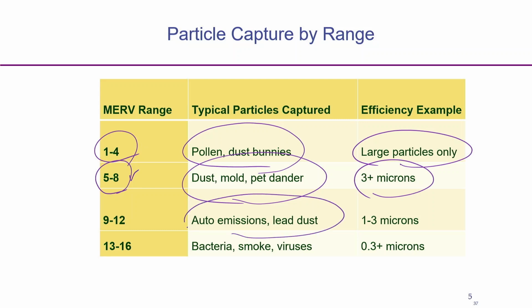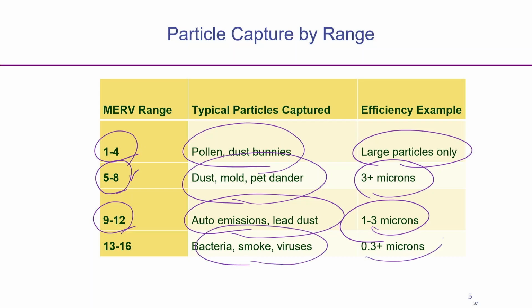For auto emissions and lead dust, or the 1 to 3 micron range, we use 9 to 12. For bacteria, smoke and viruses, 0.3 micron and above, we use 13 to 16, and if we need better, cleaner air, we can go for 16 and above.